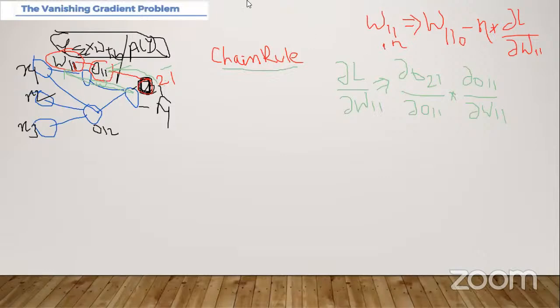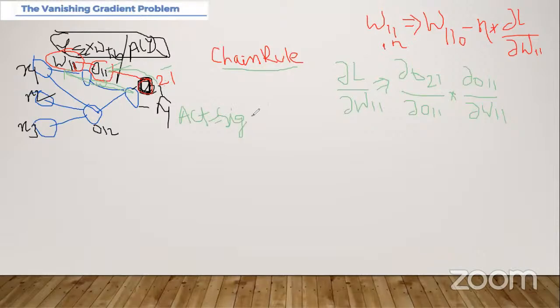What will happen now is, since I am using the sigmoid activation function, correct? Let's try to understand the sigmoid activation function now. The activation function which we were using here was sigmoid, correct? Let me use a different color. You guys can understand.